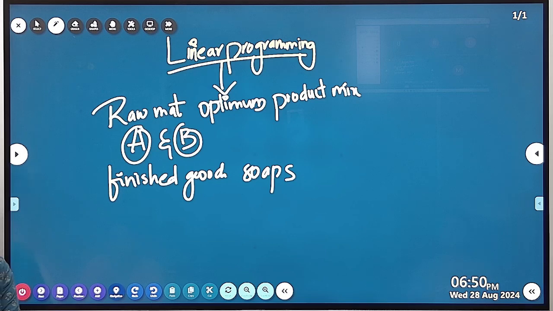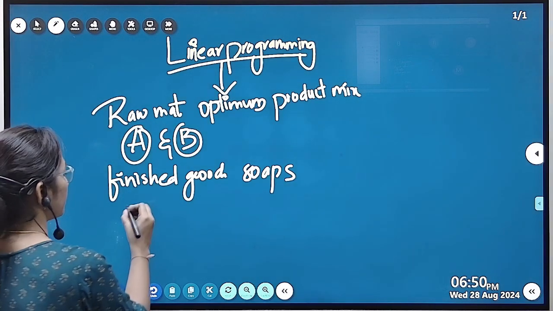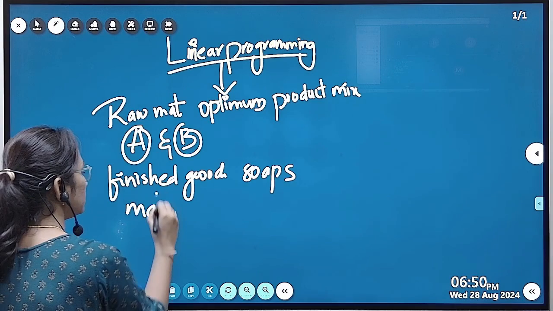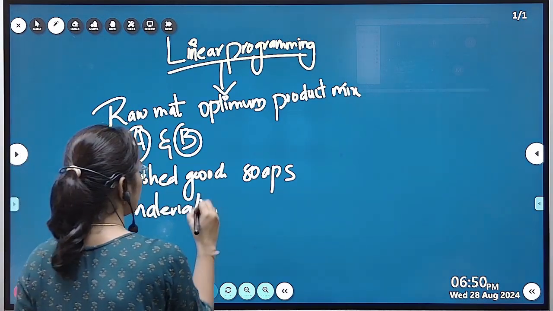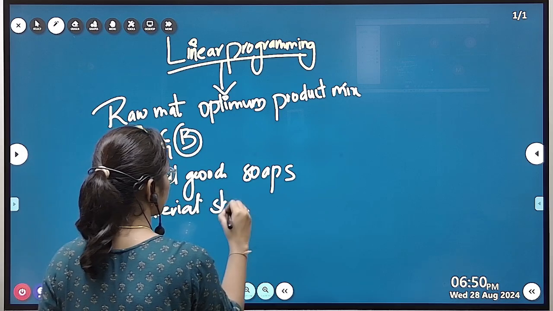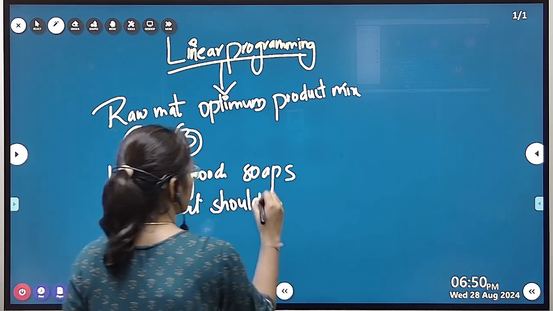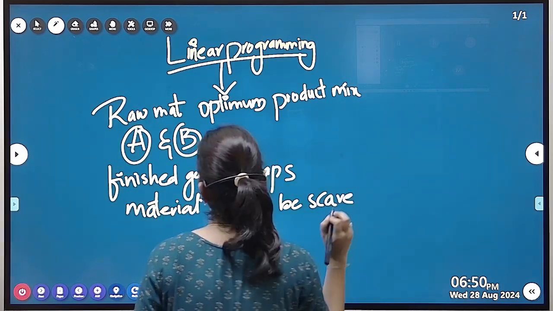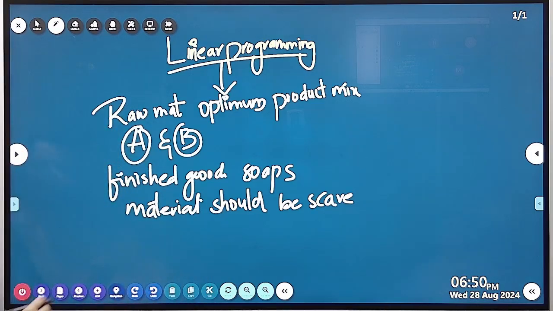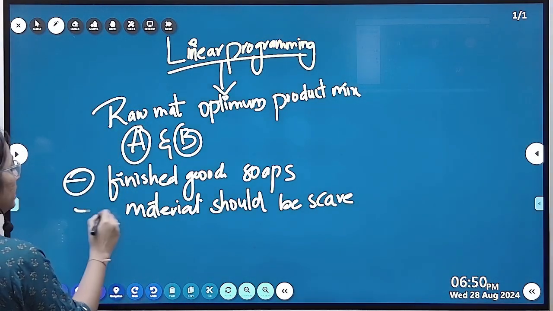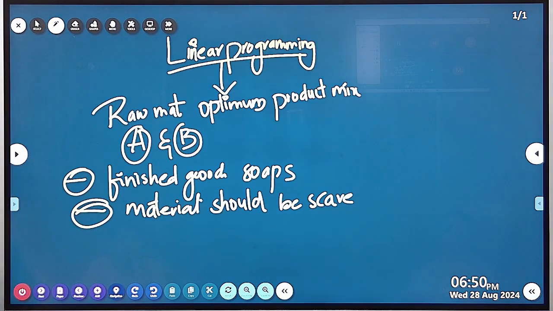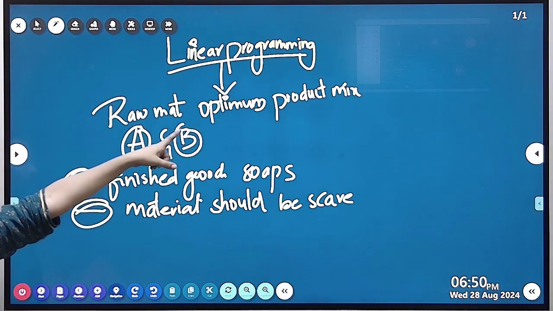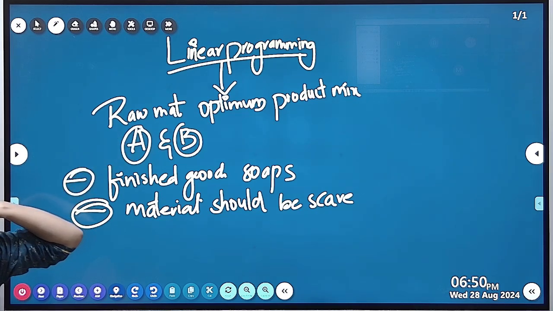So the material should be scarce. First we need material, second it should be scarce resources, for mixing a product.